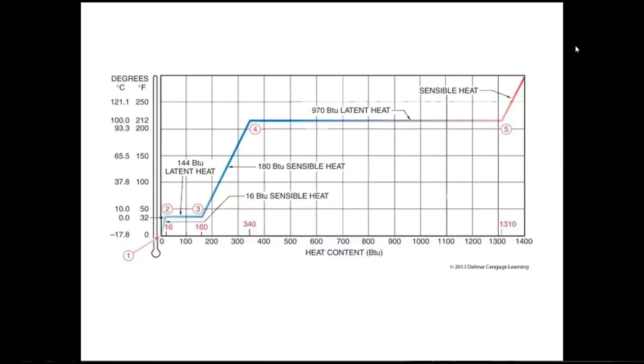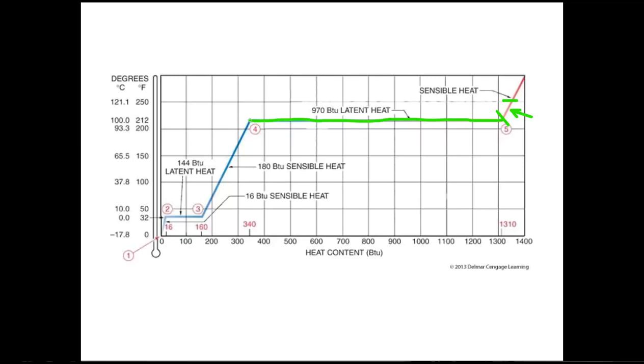All right, so let's take a look at what we just talked about. So here's our sensible heat. Remember, this is our superheated vapor point right here. It enters the condensing coil, and we are changing from 100% vapor back down to 100% liquid.